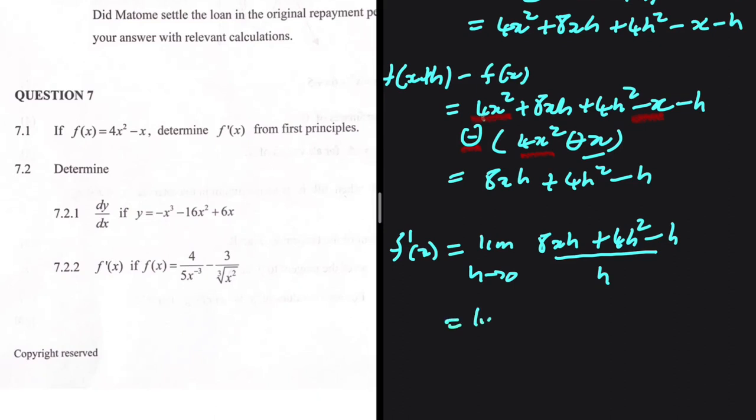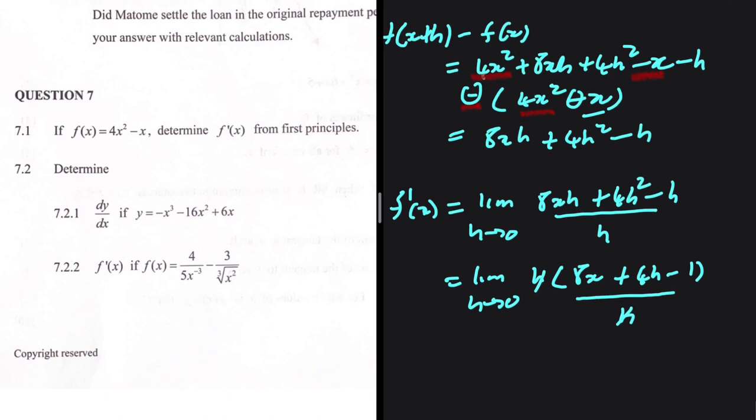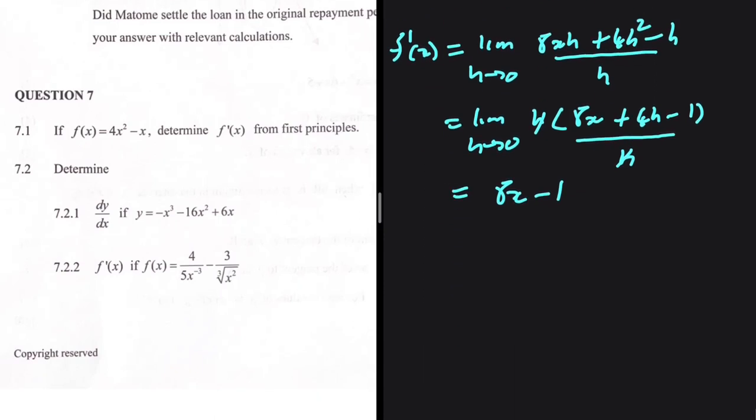We're going to have the limit as h tends to 0 of h multiplied by (8x plus 4h minus 1), everything divided by h. H and h cancel out, and then now we are letting h tend to 0. So we're going to have 8x minus 1, the same answer we got when we used the power rule. Let's look at 7.2.